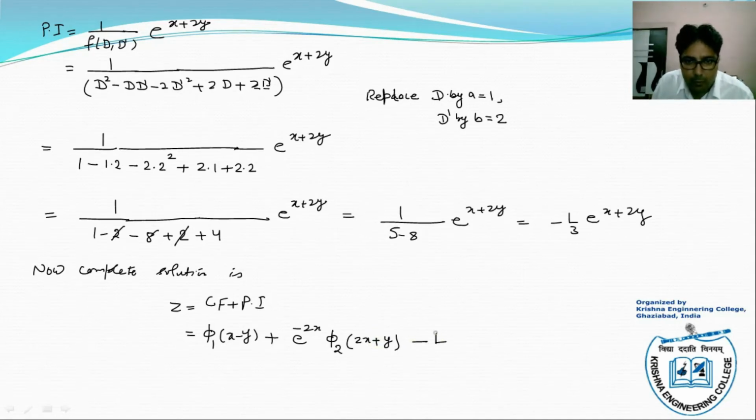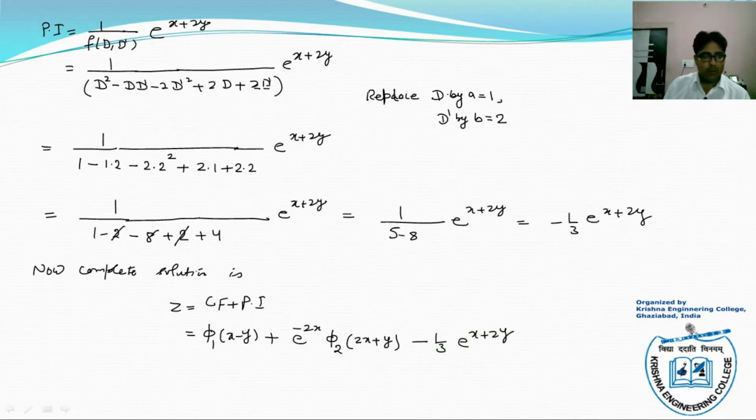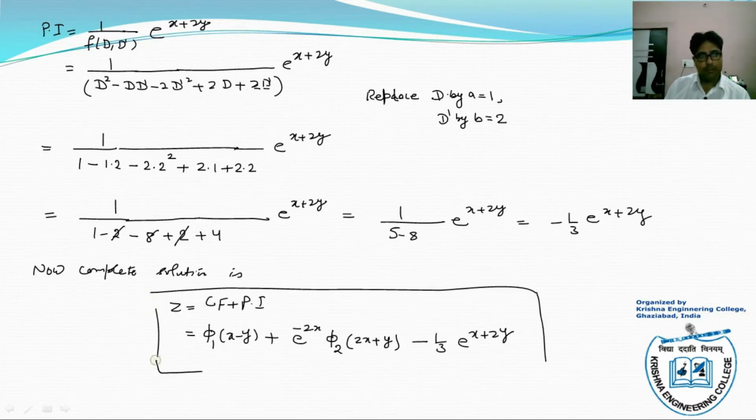Plus PI, 1 upon 3 e to the power x plus 2y. This is the required solution of the given problem. Clear?